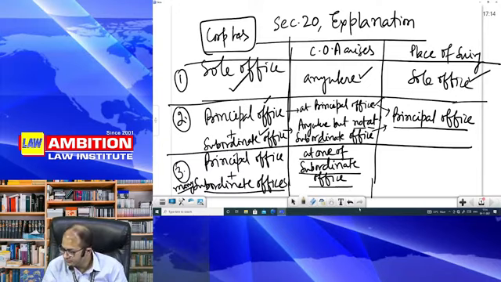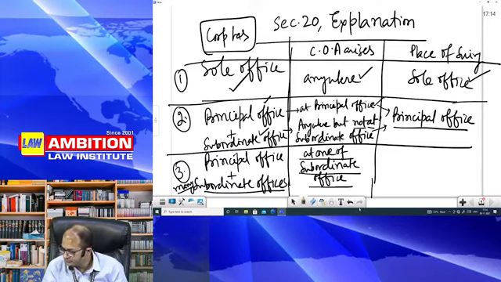The answer is no. The first four situations are permitted, but you cannot confer jurisdiction on a fifth court.